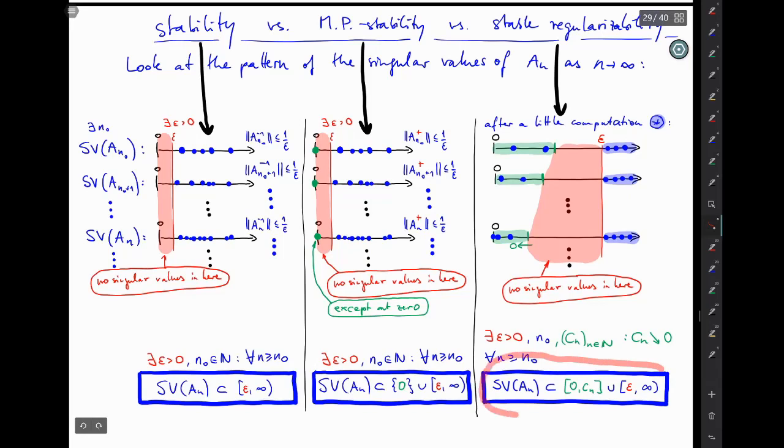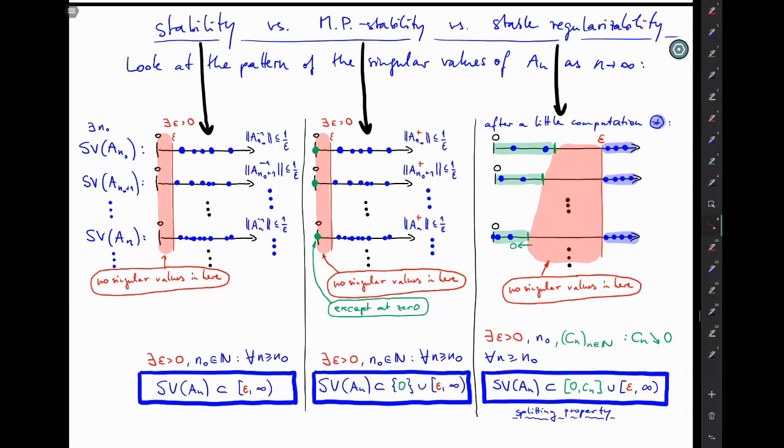This here is actually sometimes called the splitting property, because your singular values have to split into this green group that is pushed into 0 by the upper bound c_n that goes to 0, and the blue group that is staying away from 0, well separated by this global uniform bound epsilon.